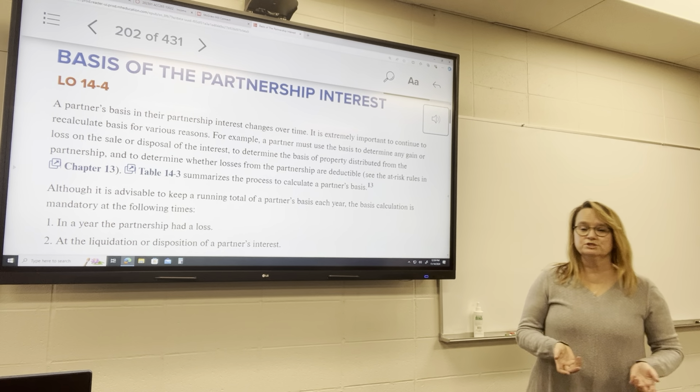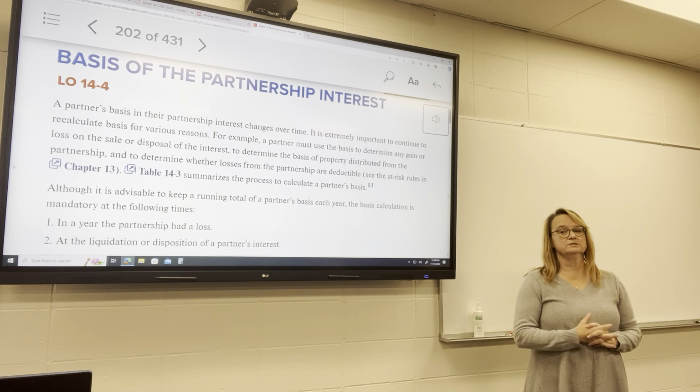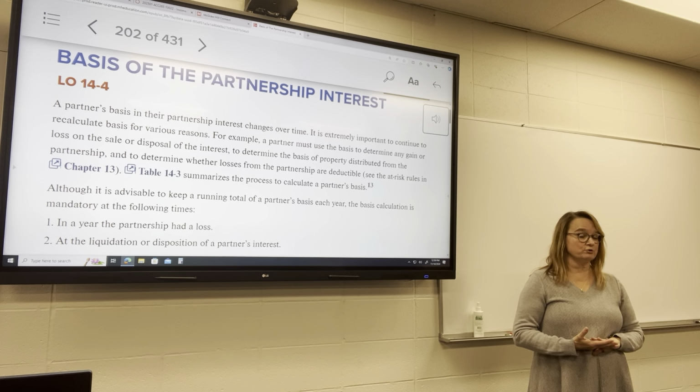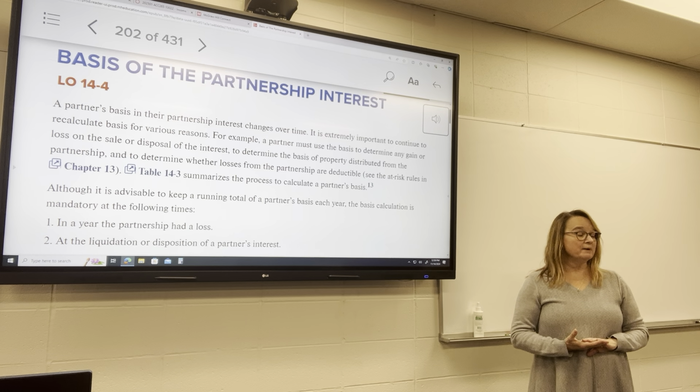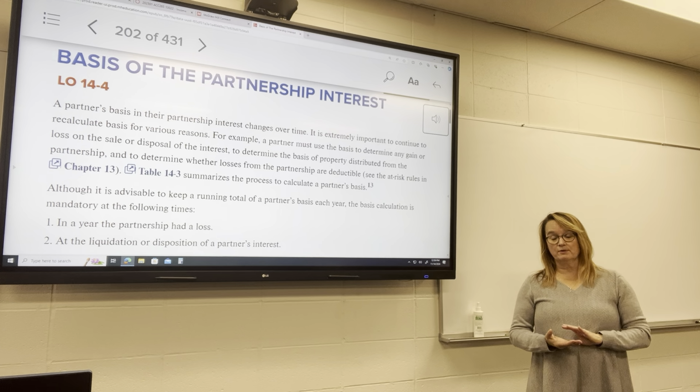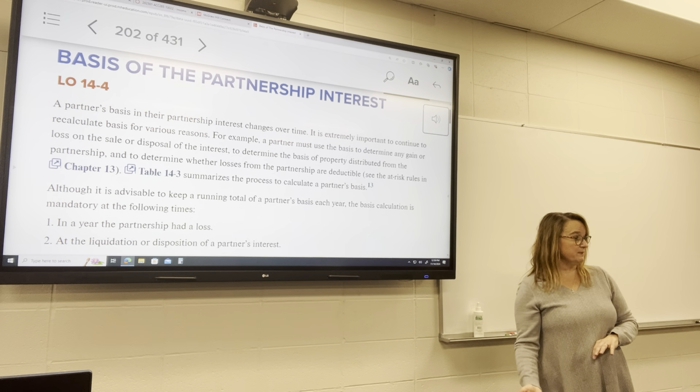We also need to know what the basis is in order to determine whether or not the partner is entitled to get a tax advantage for any losses that the partnership incurs. Because remember, that basis can't go below zero, and losses for a partnership reduce a partner's basis.